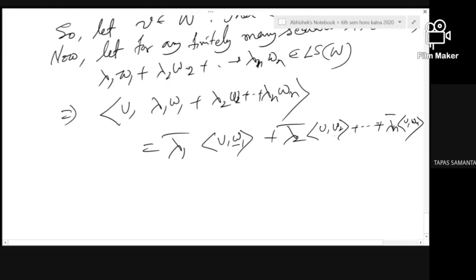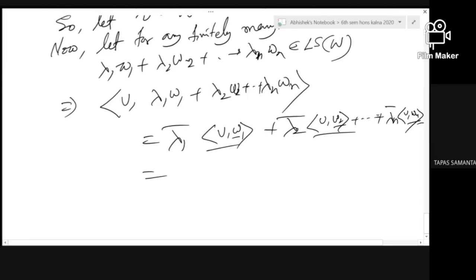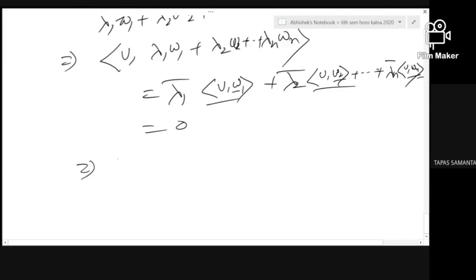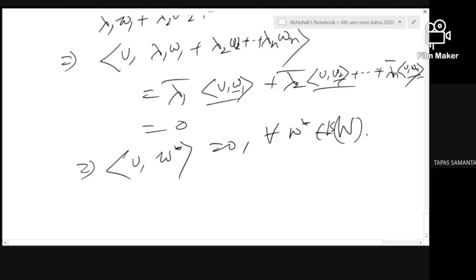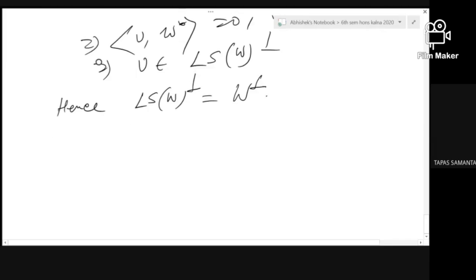Since each of W1, W2, ..., Wn is a member of W, these inner products are all 0. So this is 0, and this implies the inner product of V, W star equals 0 for all W star belonging to the linear span of W. That means V belongs to the orthogonal complement of the linear span of W. Hence the linear span of W has the same orthogonal complement as W.